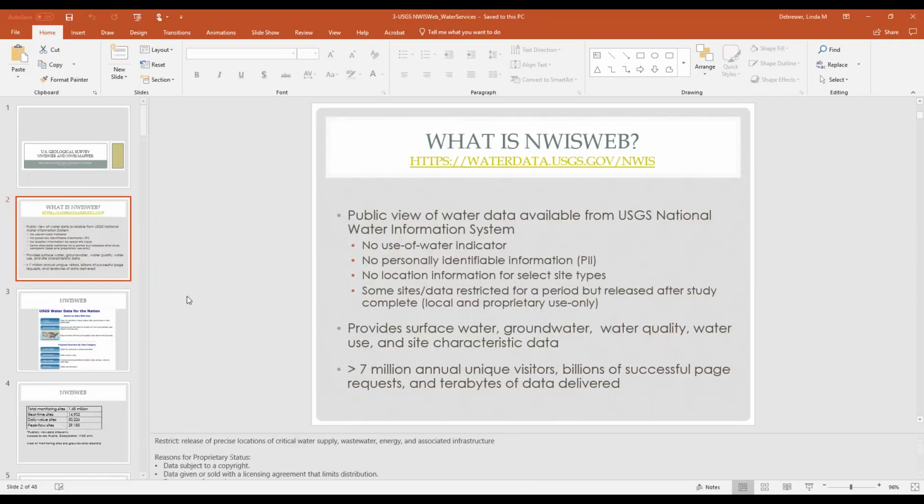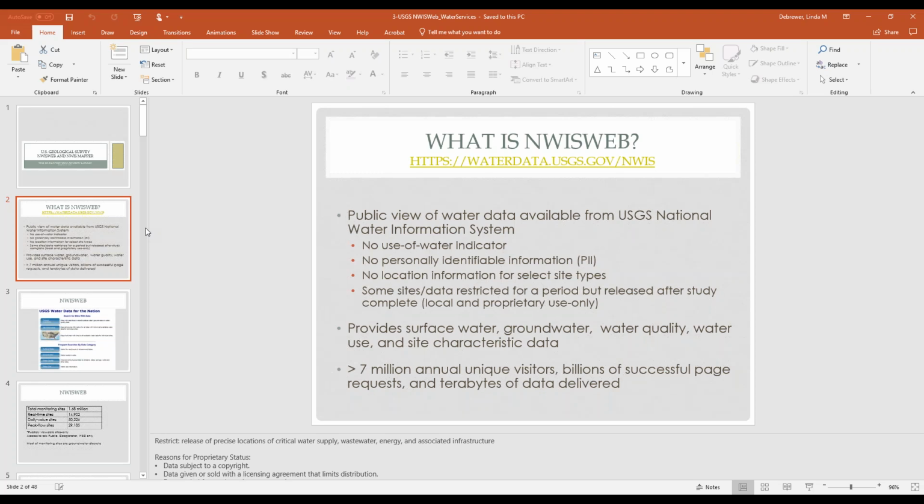I'm going to right now go into the public-facing side of our water data. This is NWIS Web. This is where much of the data that we store in NWIS is served to the public. We don't serve the use of the water.